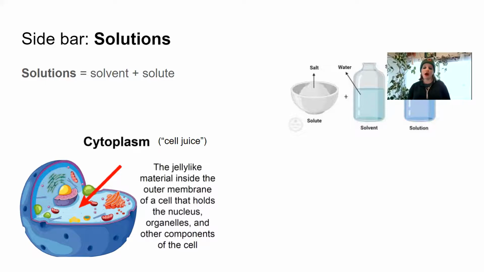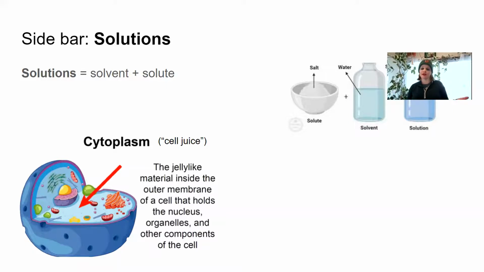Like water, if we're talking about salt water, then water would be the solvent. And then the solute is the thing that is dissolved. In the case of salt water, that would be the salt, or sugar water, it would be the sugar. It's the thing that dissociates to become mixed up in that solution.